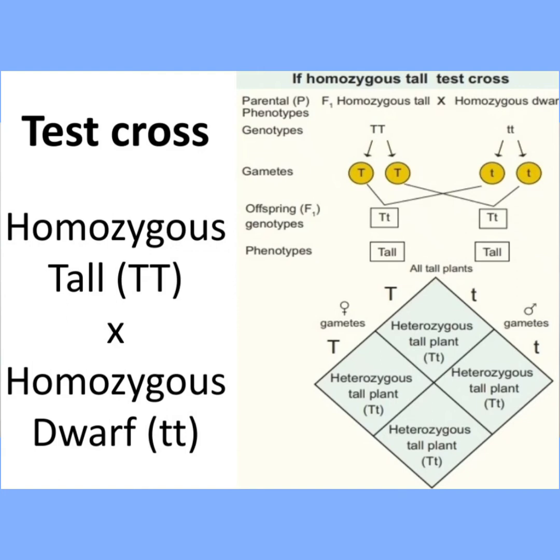When the homozygous tall is crossed with the heterozygous dwarf, again all the plants obtained are tall plants, and there are no homozygous recessive plants at all. So these plants have the genotype capital T small t, and they are heterozygous tall plants.